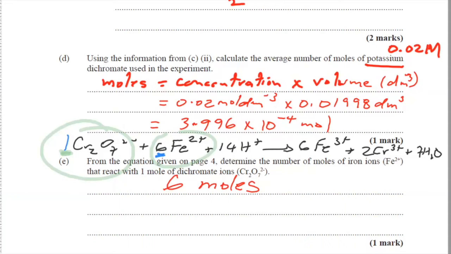We calculated that in part D and we got it to be 3.996 times 10 to the minus 4. And we said that for every 1 mole of dichromate, we had 6 moles of iron. The mole ratio of dichromate to iron is 1 to 6. So let's see what this would mean for our next question.